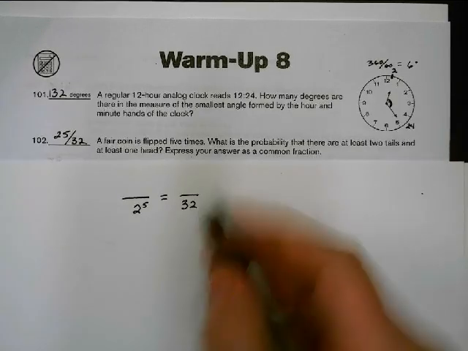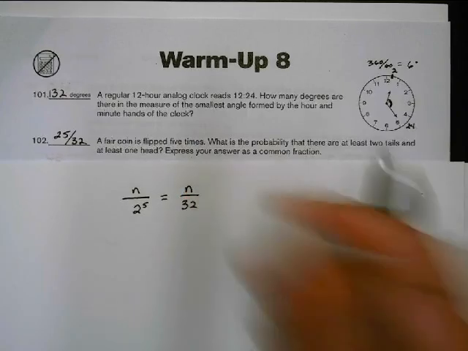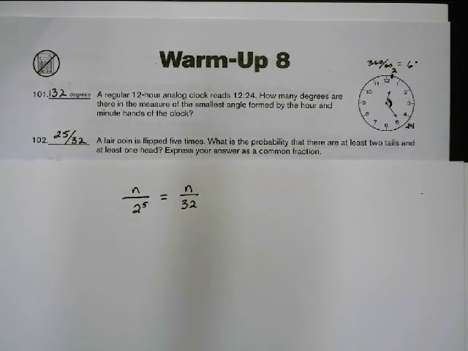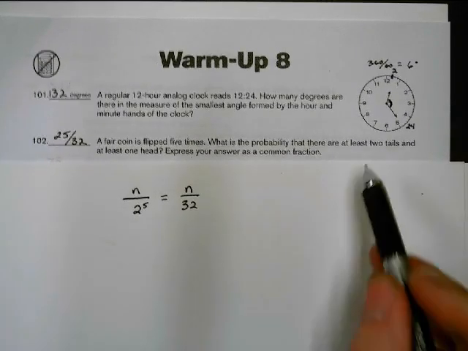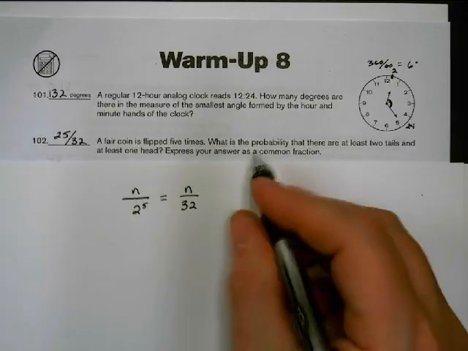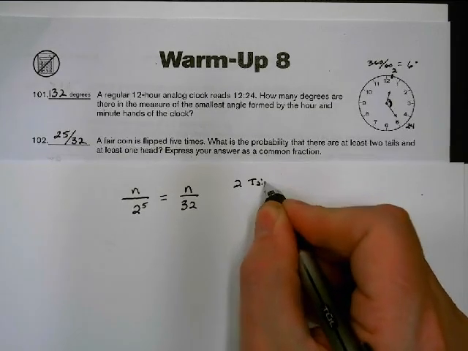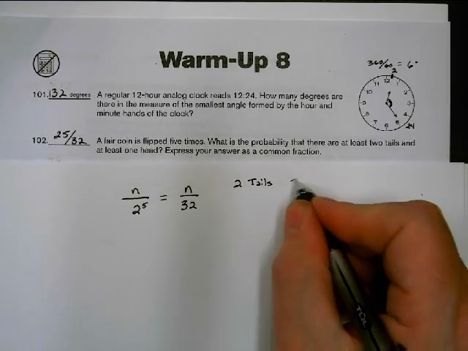All right, so what I don't know is the top portion of it. How many of these 32 outcomes have at least 2 tails and at least 1 head? Well, we have to think of the different cases where this could happen. So if I have 2 tails, that would mean I have 3 heads.